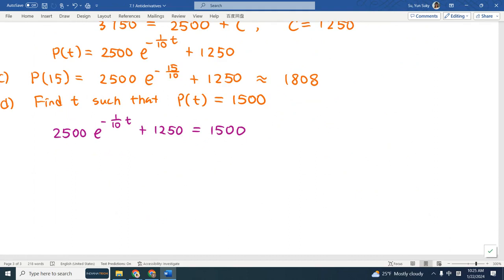Which one do we get rid of first? 1250, exactly. So subtract 1250 on both sides. We get 2500 e to the negative 1 over 10t. What is 1500 minus 1250? 250. Good. What do we do next?